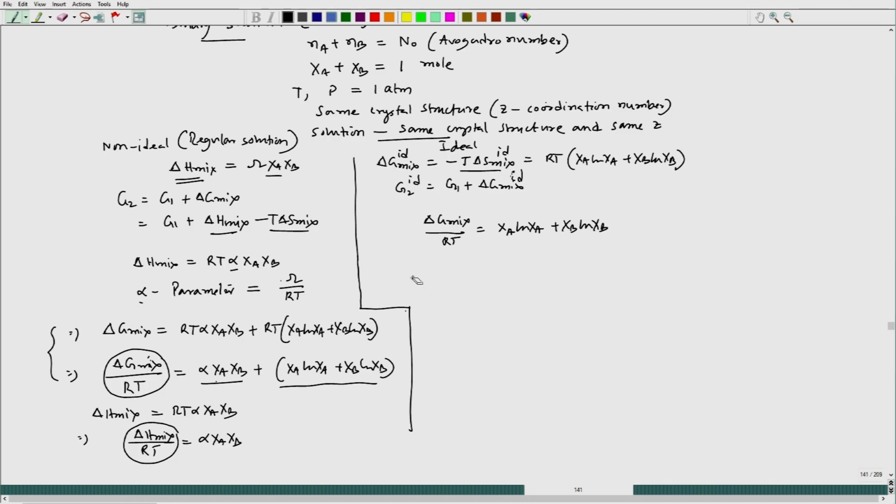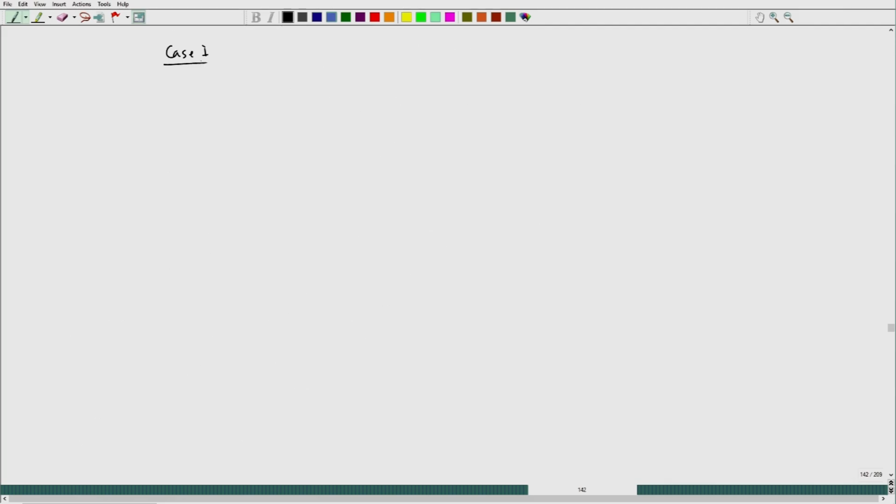Case 1 is when we consider the ideal case, alpha equal to 0. In that case delta H mix equal to 0, so delta G mix by R T will be reflected by x_A ln x_A plus x_B ln x_B.